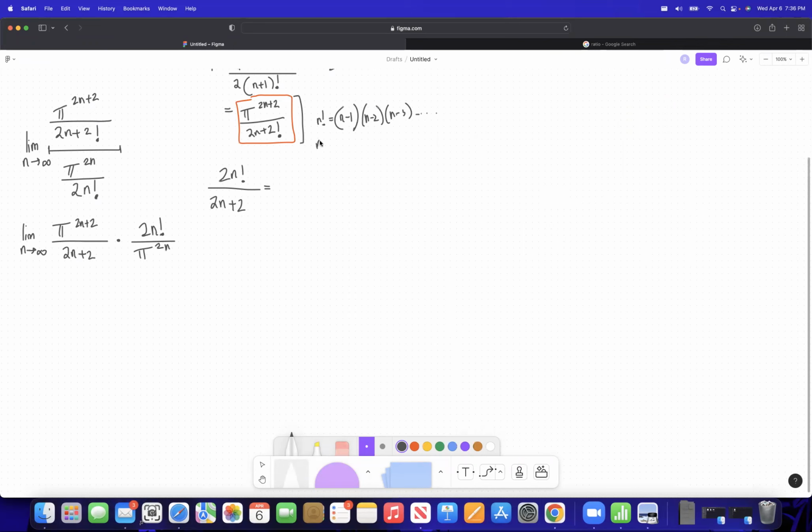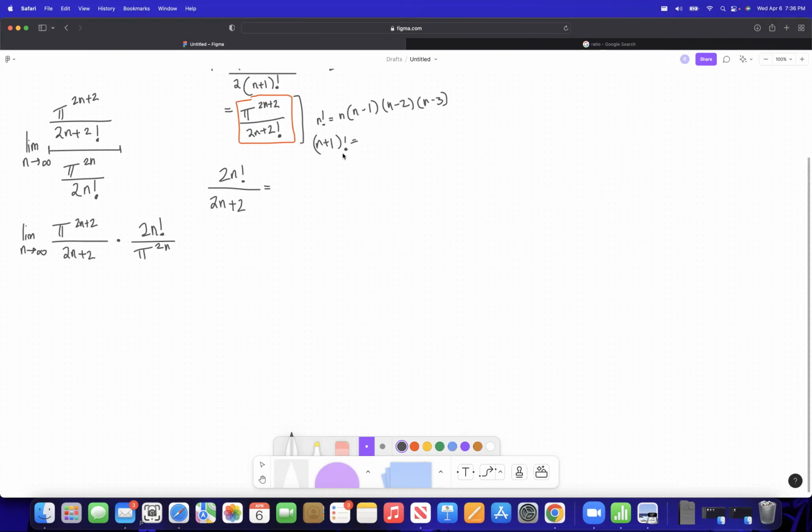Now, what if your n was n plus 1 factorial? Well, n plus 1 is now acting as the new n. And actually, I should say that before going through this pattern of n minus 1, n minus 2, n minus 3, you actually put n down, and then you do n minus 1, n minus 2, n minus 3, and so on. So you actually have to put n down.